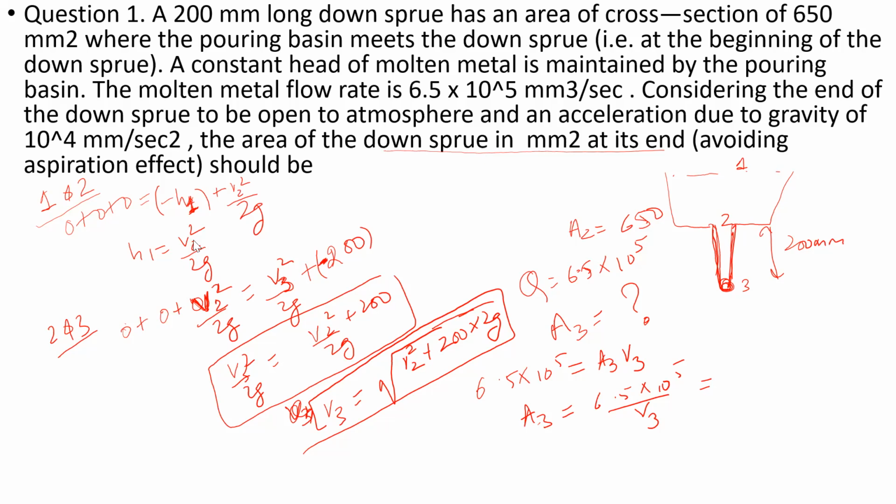I have just given you a hint. You can directly use the formula also. If you take this as HT, then you have A2 by A3 is equal to under root HT by H1.